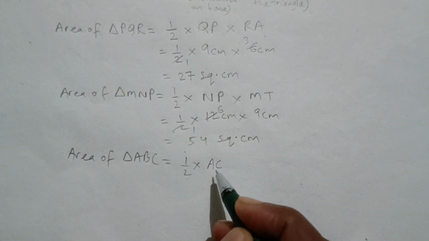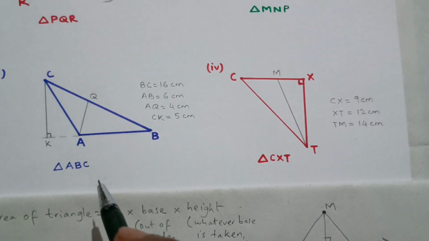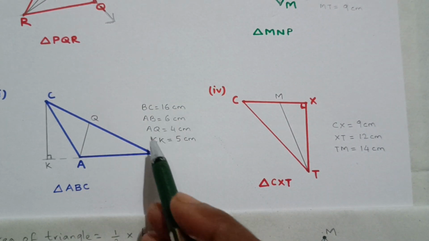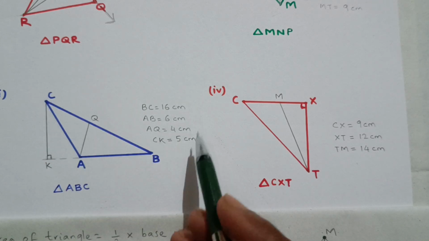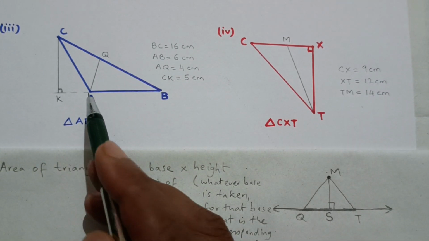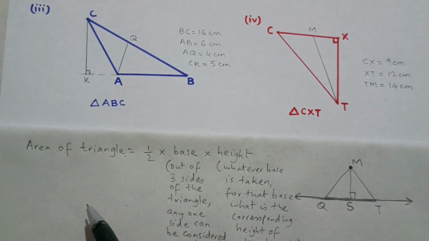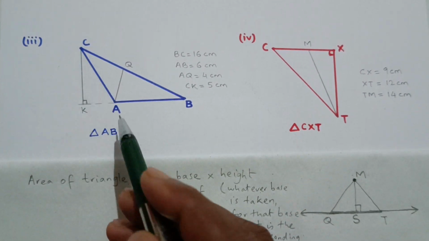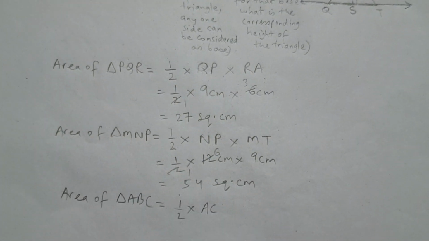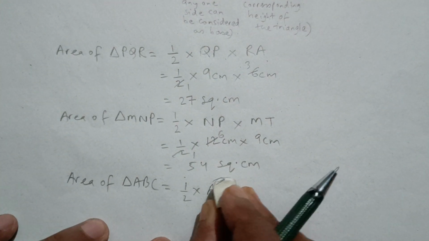But I don't know the measure of AC. The measure of AC is not given to us. So I can't take AC as the base, because if I take AC as the base, I can't find the area of the triangle, because the value of AC is not given to us.